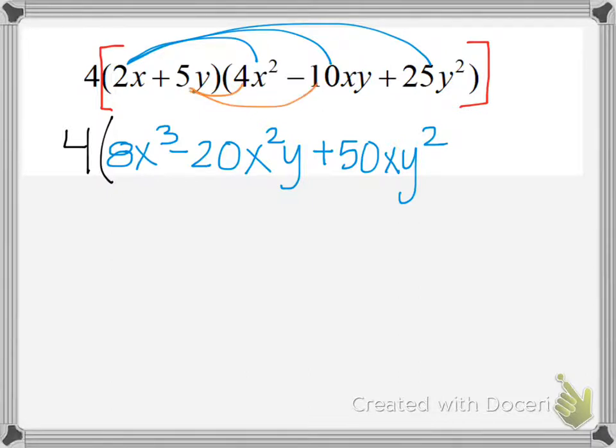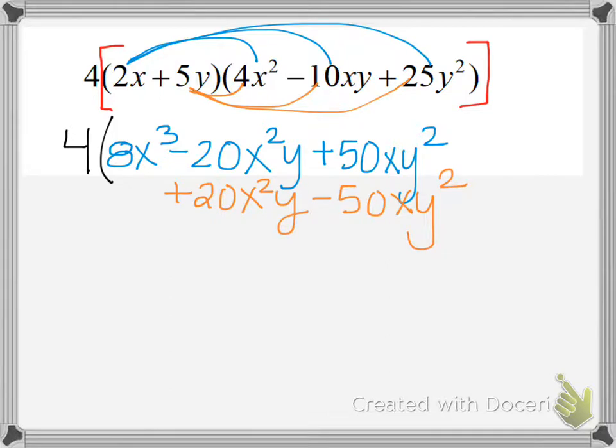Now, I'm going to line up my like terms underneath each other and have them vertically so I know what terms to combine. So when I do 5y times 4x squared, that gives me plus 20x squared y. And when I do 5y times negative 10xy, that gives me minus 50xy squared. And then when I do 5y times plus 25y squared, there's my plus 125y cubed.